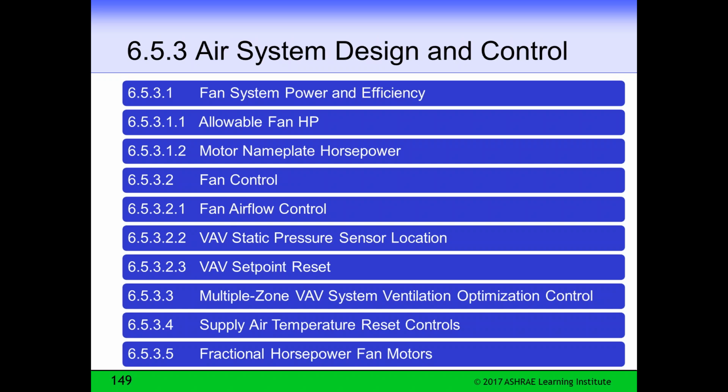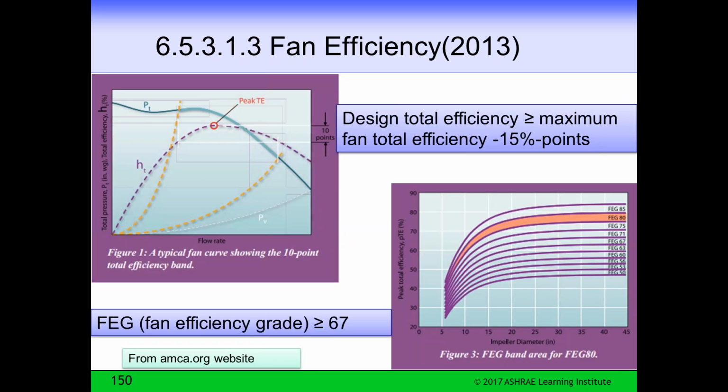Air supply, design, and control. This is again a table of contents. If you need to find a section that applies to a problem you're working on, here's a list of the sections. The major section, section 6.5.3, is air system design and control, and those are the subsystems.